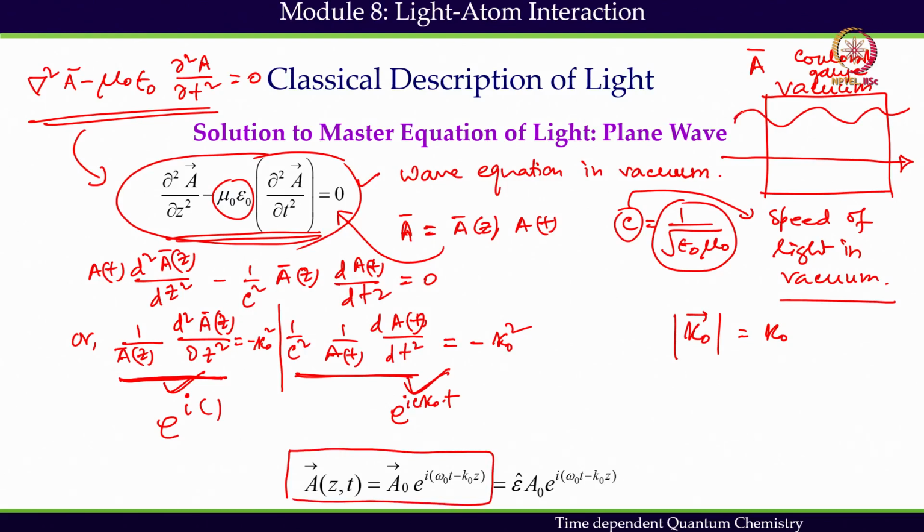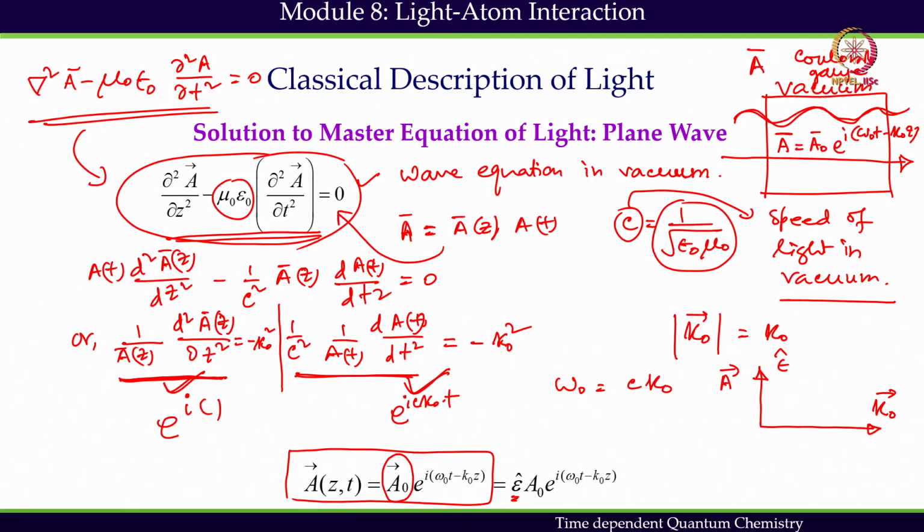So, what we see is that due to propagation of light in the medium, there is a potential which is created, that is the vector potential, and the nature of the vector potential is nothing but a plane wave which is represented by this e to the power i omega naught t minus k naught z, where omega naught equals c k naught, and this epsilon is the polarization direction, where we are showing that along the direction where A is changing, along that direction, this is the propagation direction, and this unit vector is along the direction where A is changing, it is called the polarization direction.